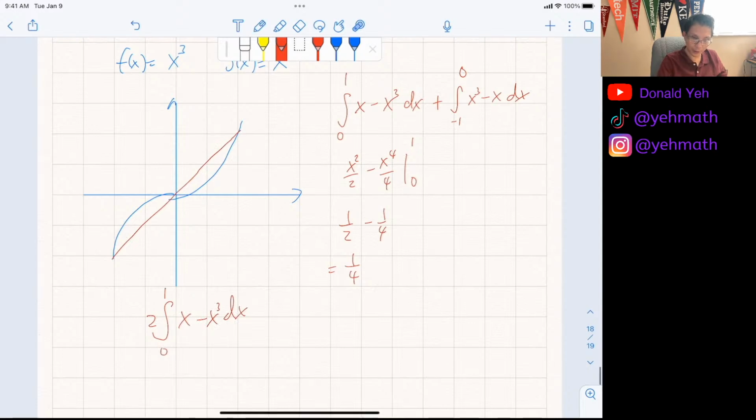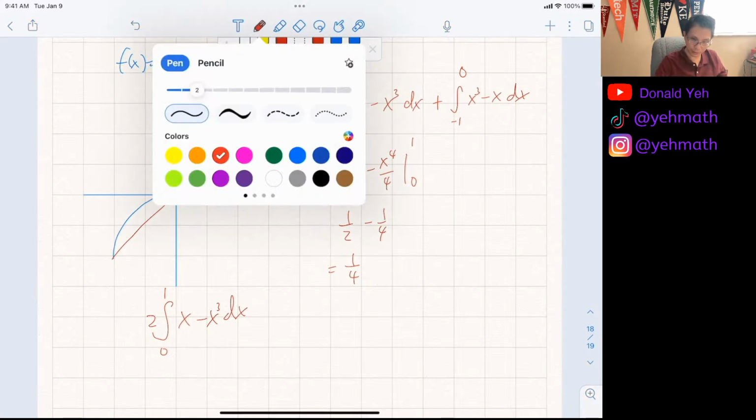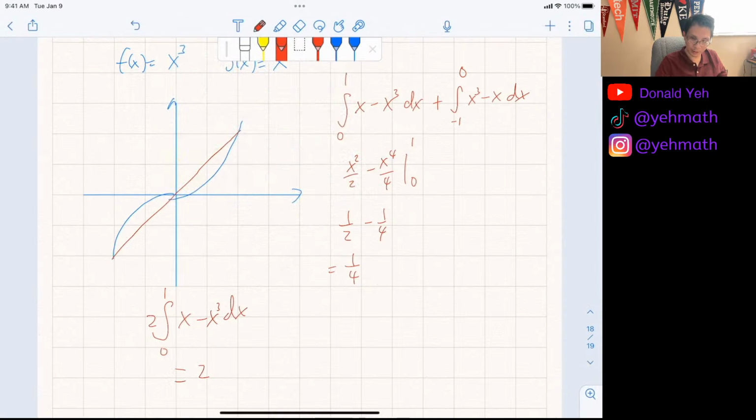You can treat this part the same and just double it. That's a faster way. And that's equal to 2 times, I already got here, 1 over 4. That's equal to 1/2.